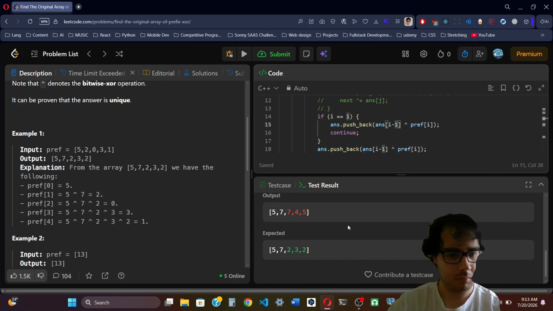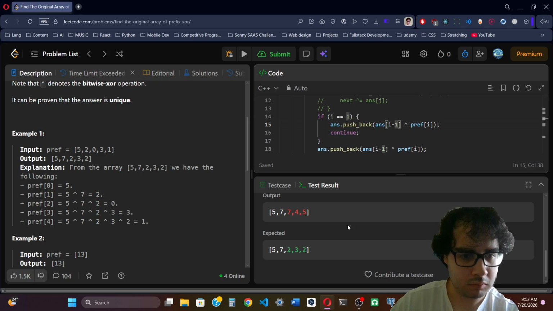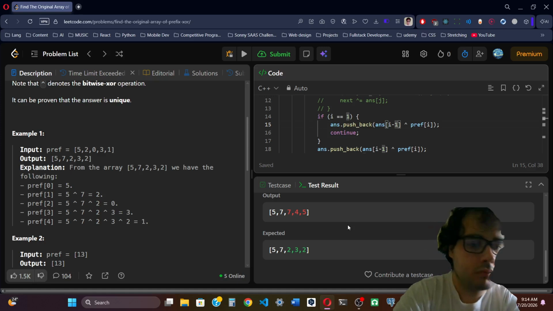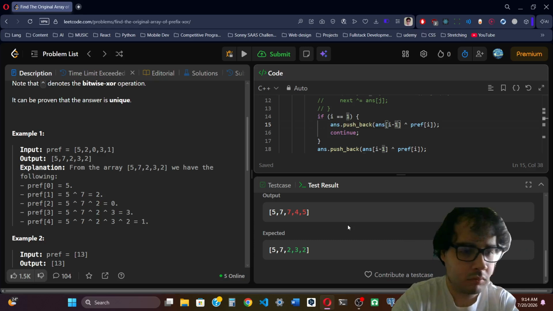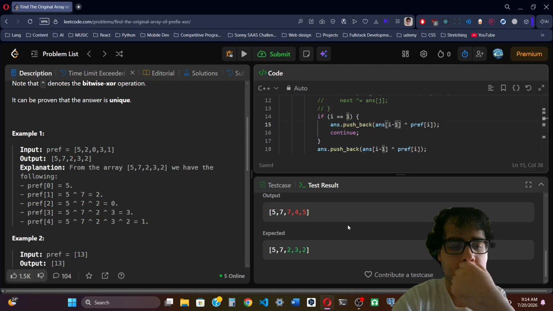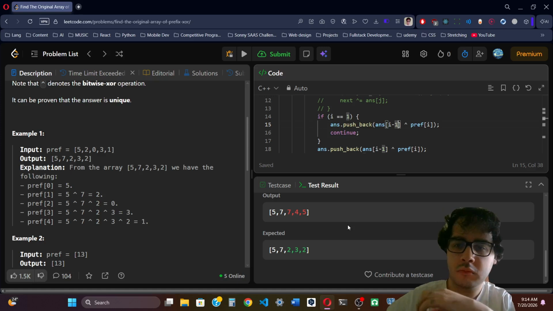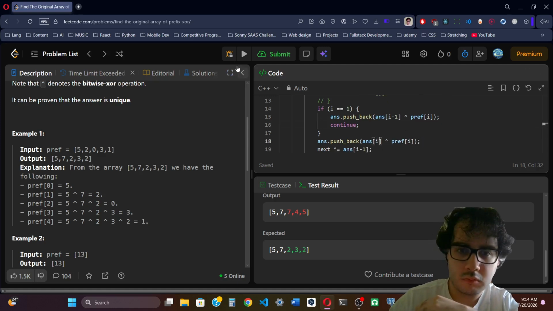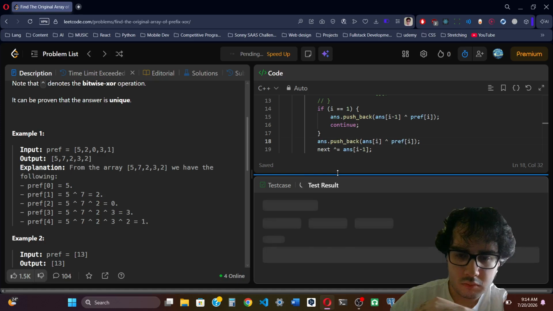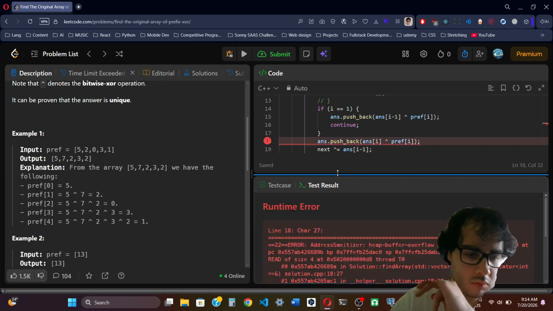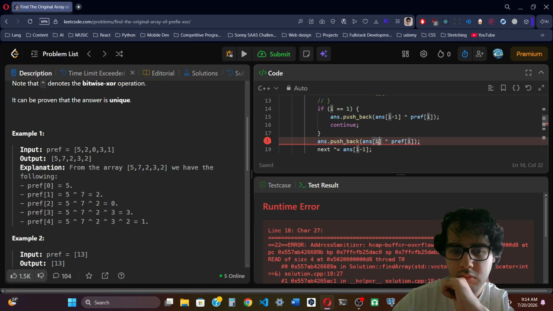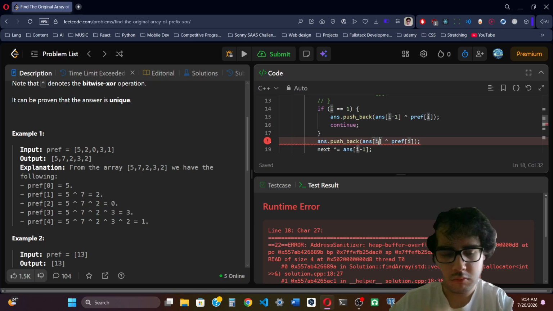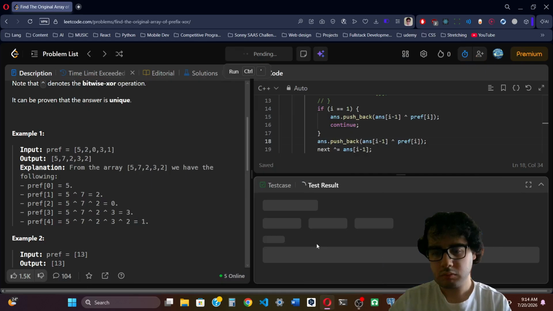Okay, so I get 2, but then what am I missing?